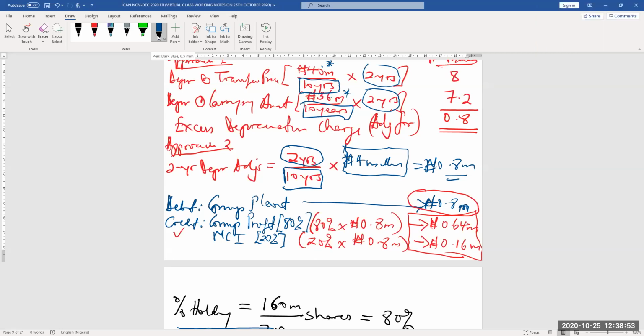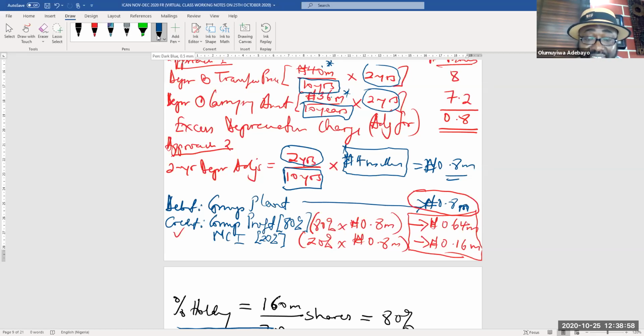What I'm trying to explain to you here is very simple. It is the parent's profit that is affected here, because it's the parent that is carrying the assets. And therefore, NCI does not even exist in the parent company. Remember, NCI are other shareholders like the parents. The only thing that brought them to common is the subsidiary, which means anything that goes on within the parent's affairs alone has nothing to do with NCI.